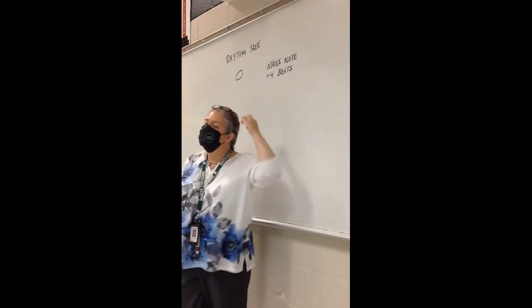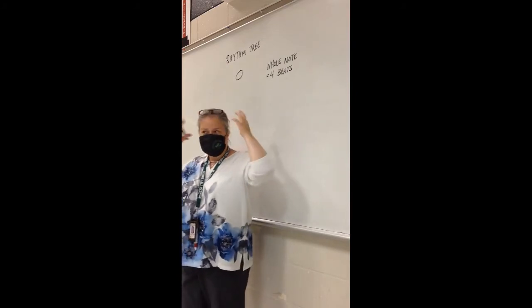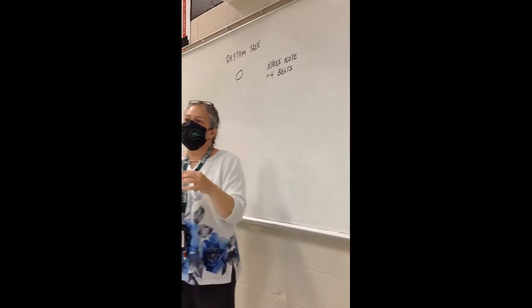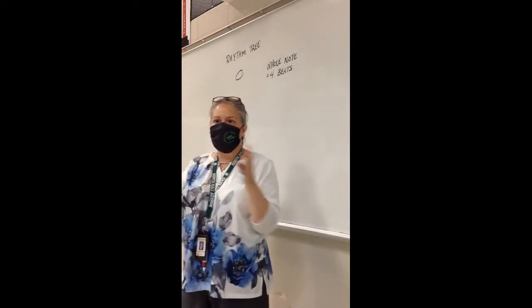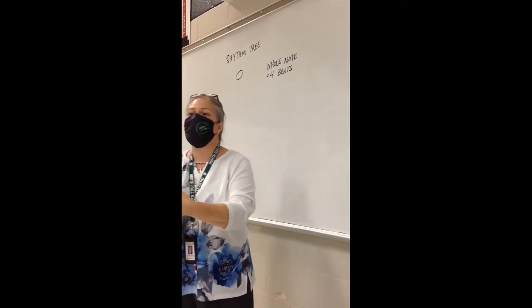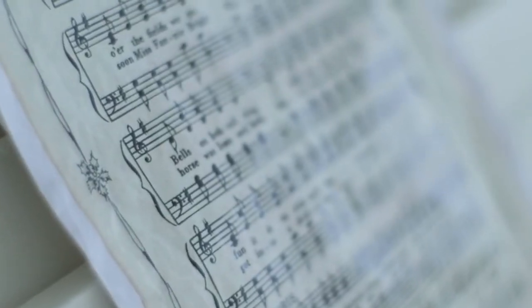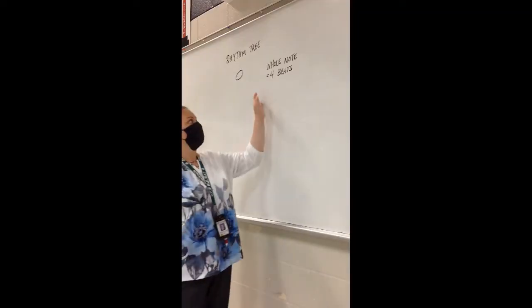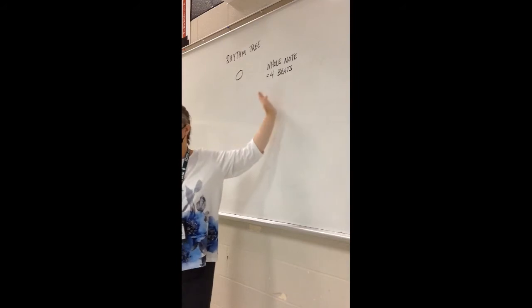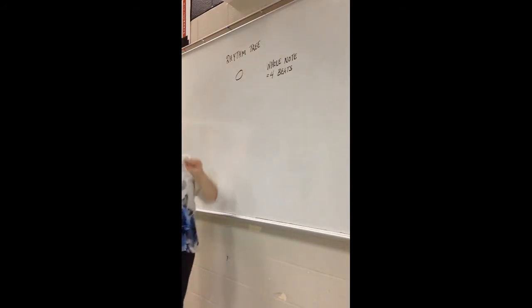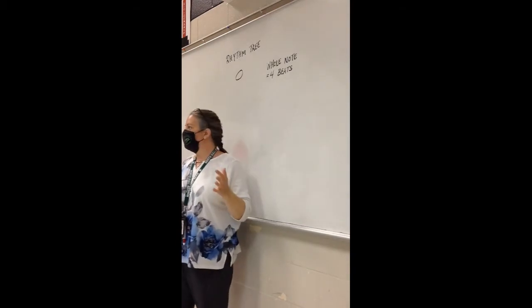So composers visualize the music and hear the music, and when they need to have somebody else play the music, they've got to figure out how to put it down on paper so that someone else can read it and understand it and perform it like it sounds in the composer's head. In order to show that a note is going to be 4 beats long or 4 toe taps long, they would have to draw a whole note. That's how we would know.